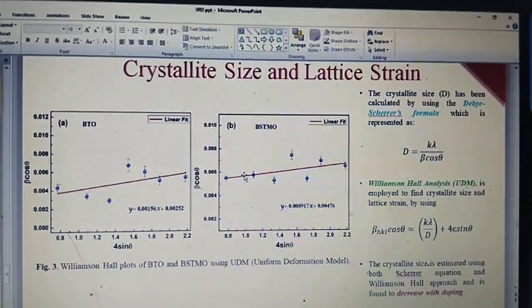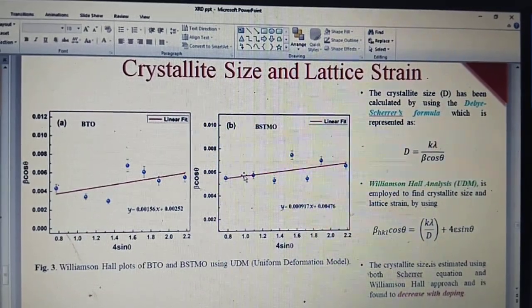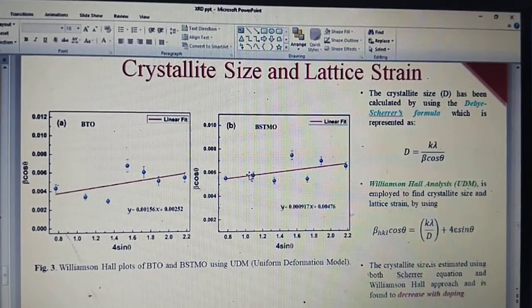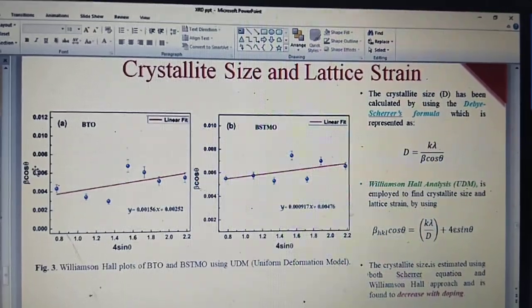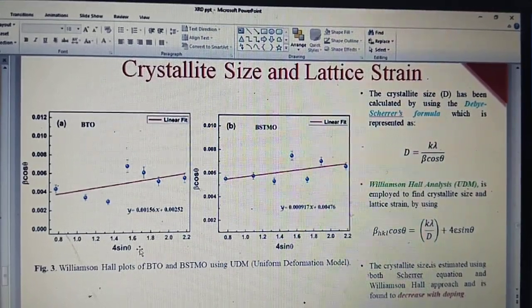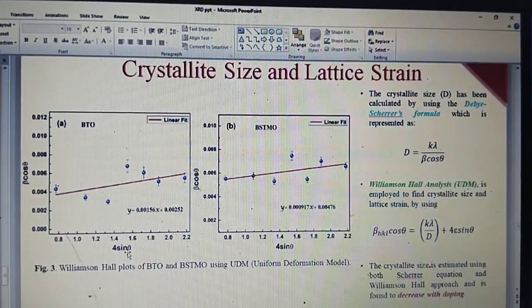So you take any peak, take the full width at half maxima of that peak, and multiply it with cos of the angle at which that peak is appearing. And on the x-axis you take the sine of that angle in radians, 4 sin theta, and plot these two parameters.